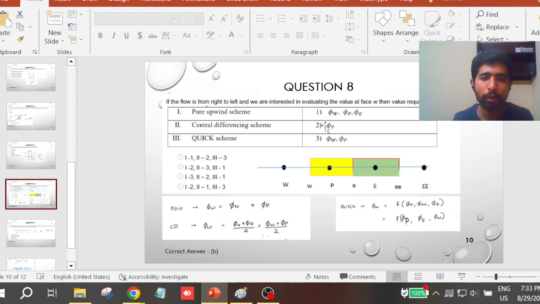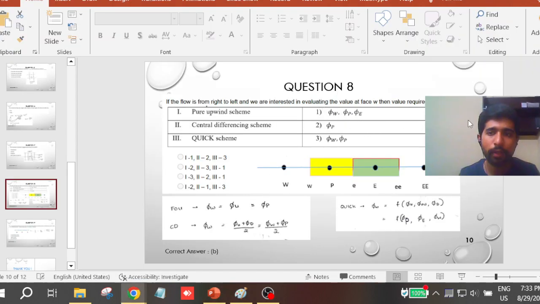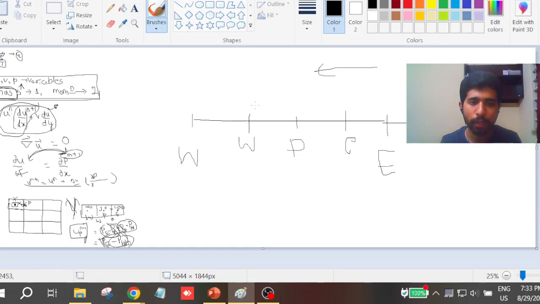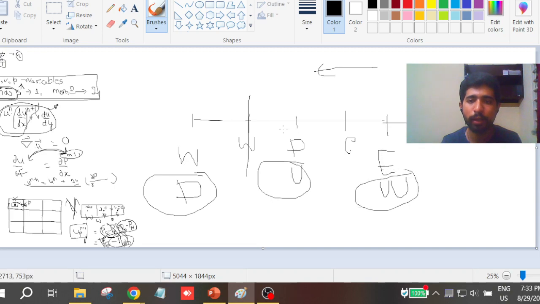We want to calculate the value of the variable at face W. This will be upstream for me now, and this will be upstream of upstream, this will be downstream. I hope this is understood. This is a bit opposite to what we were usually doing, because we had considered flow in the positive x direction.